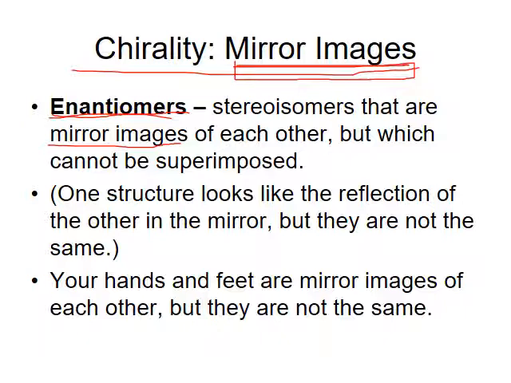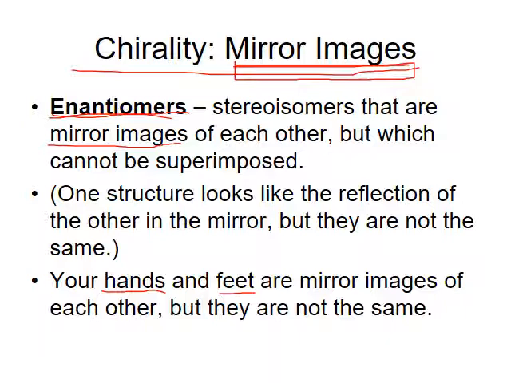For instance, an example of something that has a mirror image is your hands or your feet. If you took your right hand and put it on top of your left hand, you'll see that they don't fit. Your right hand's thumb is hanging off your left hand over on the side, and they're still alike.